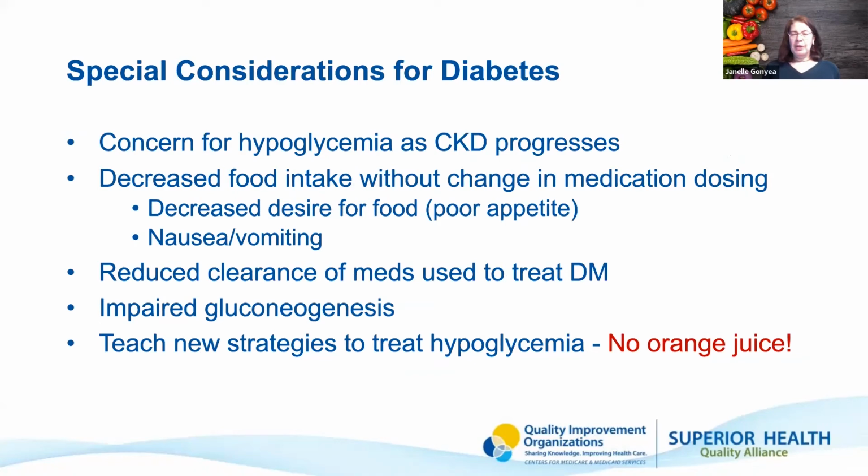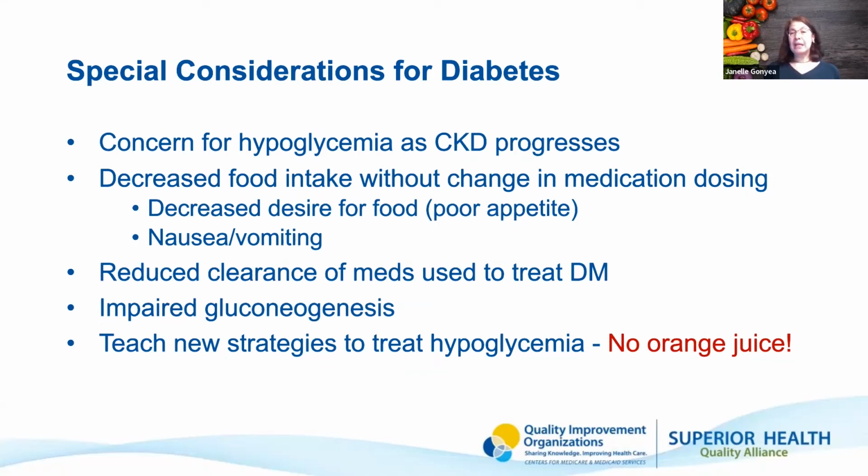I do want to throw in here, there are special considerations for diabetic patients when we get in these later stages, and primarily it's the concern for hypoglycemia in this group. And it's related to multiple factors, I should say. First of all, the decreased food intake that they may have if they're experiencing a little bit of nausea and vomiting.